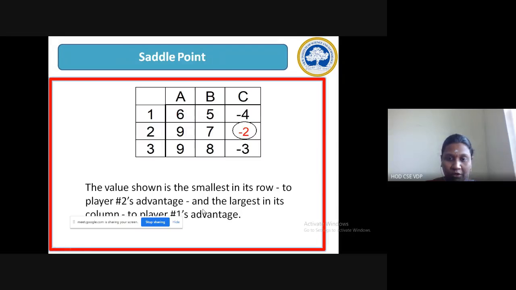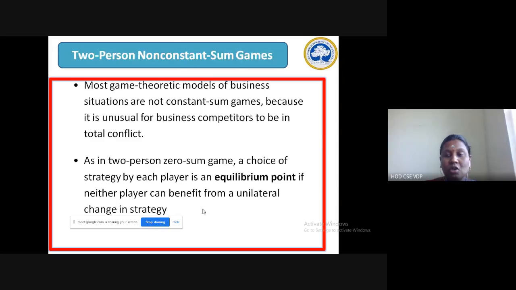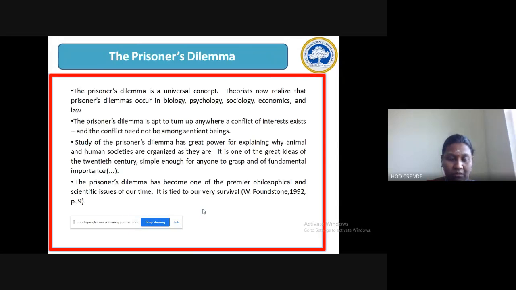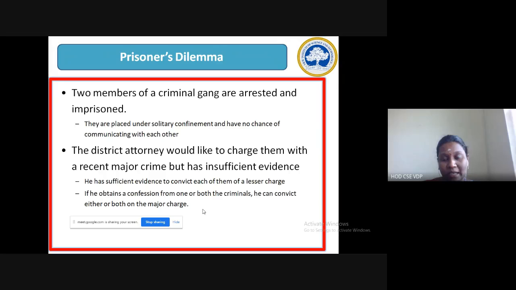Now moving on, we also saw something called the dominance system. Prisoner's dilemma was also seen last class. What was prisoner's dilemma? You had two people suspected of a crime, and as a lawyer or police officer, you have to prove that one of them has committed it.